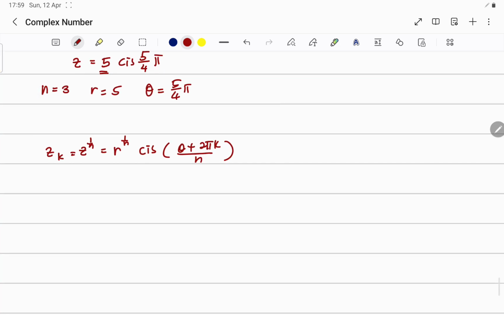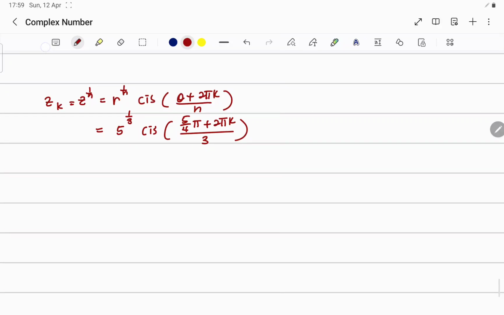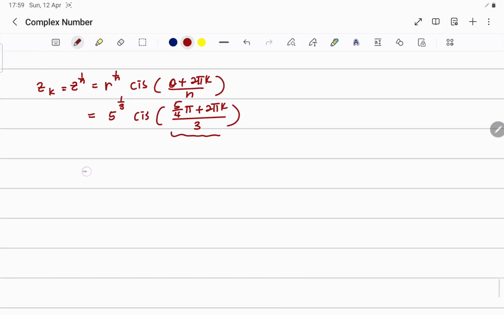Now you substitute all the information that you have. R is equal to 5^(1/3) cis theta, where theta is 5 over 4 pi plus 2 pi k over n, with n equal to 3. Now what you can do is separate first the angle that is inside cis.